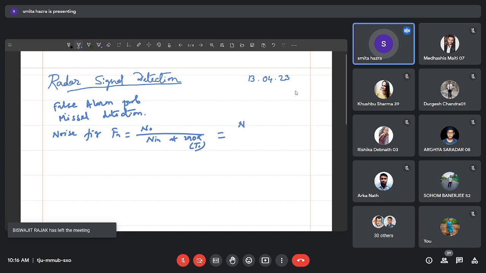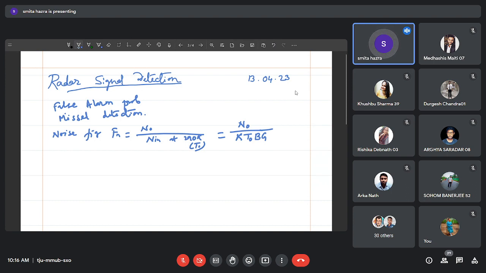So if I write it, then N0, this is an input noise meaning the system noise, that is K T B into G. Because at microwaves we know K is the Boltzmann constant, T is the thermal noise temperature. Here, as it is, we are making it at T0. So K T0 B into G. Why are we considering this at T0? Because usually this T is the system noise temperature.